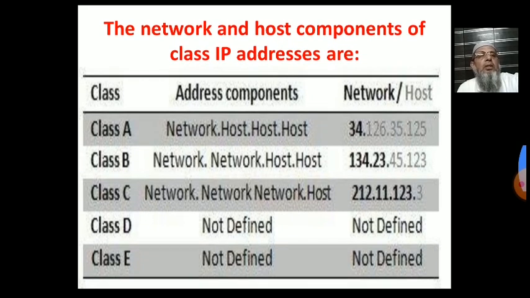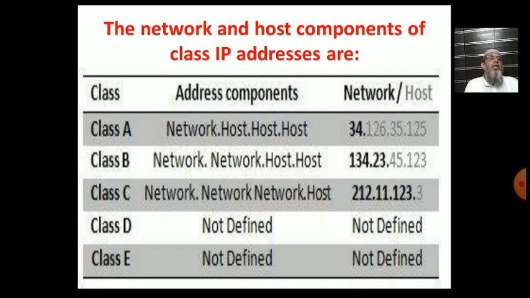This slide shows all the classes and their address components. We can see there is no specific definition in class D and class E for the network and host address components, but there is a definition in class A, class B, and class C. Here in class A, 126 is shown in dark, that is the network address, and the remaining 35.124.125 is the host address.